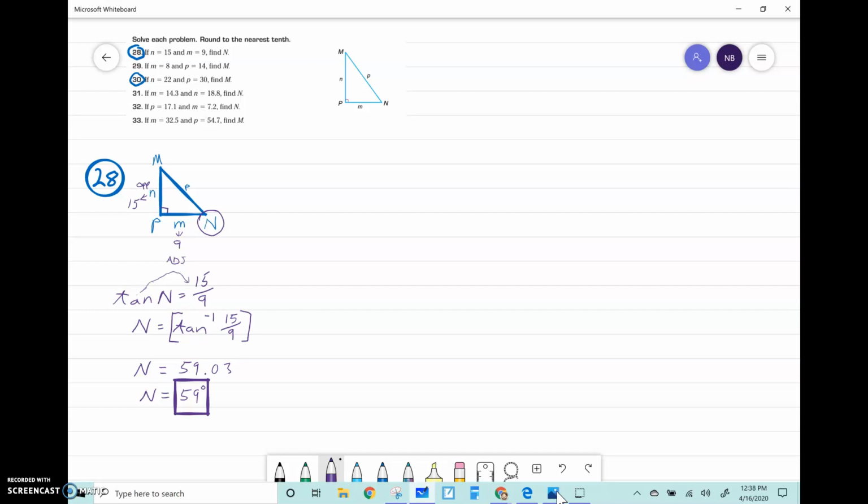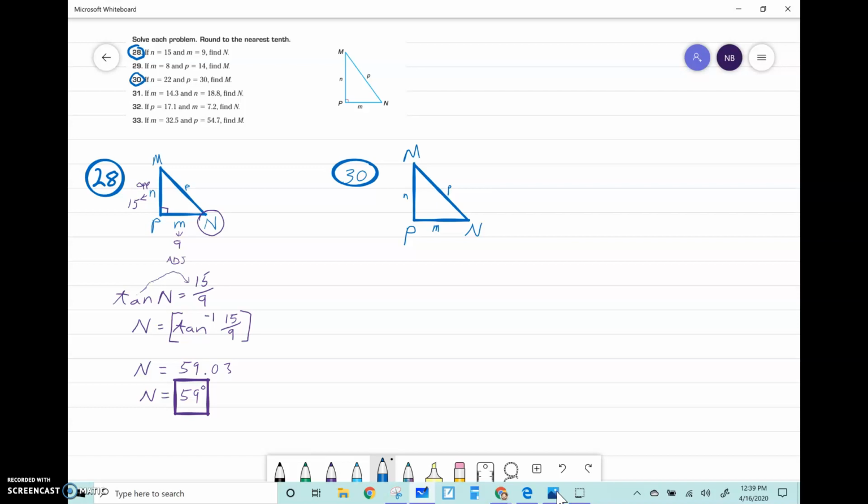Now moving on to number 30. I'm going to draw out our triangle again. It always helps to draw the triangle; I'm a visual type of person. We have angle M, angle P, and angle N, and then side N, side P, and side M. Let's label what they gave us.